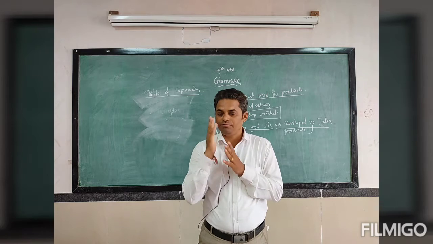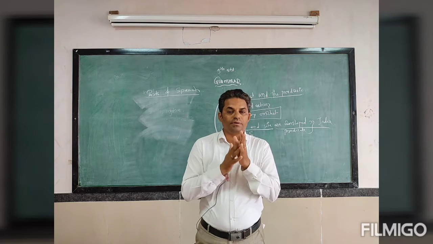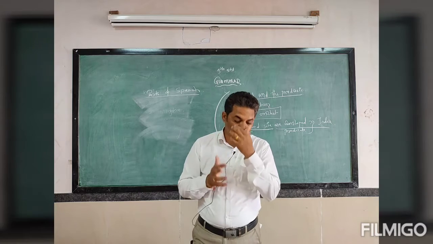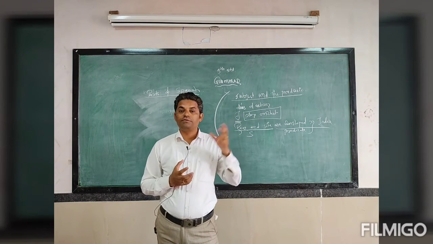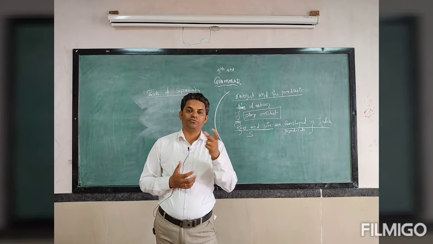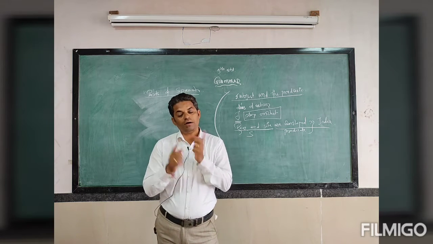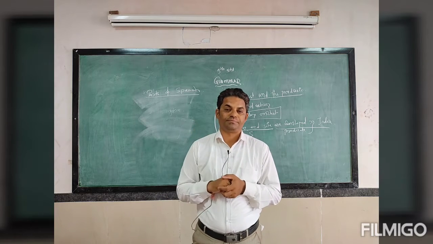You might have gone through the dictionary. What happens in the dictionary? In the dictionary, there are words given. In the bracket, the pronunciation of the word is given. After the bracket, immediately a short form is written.